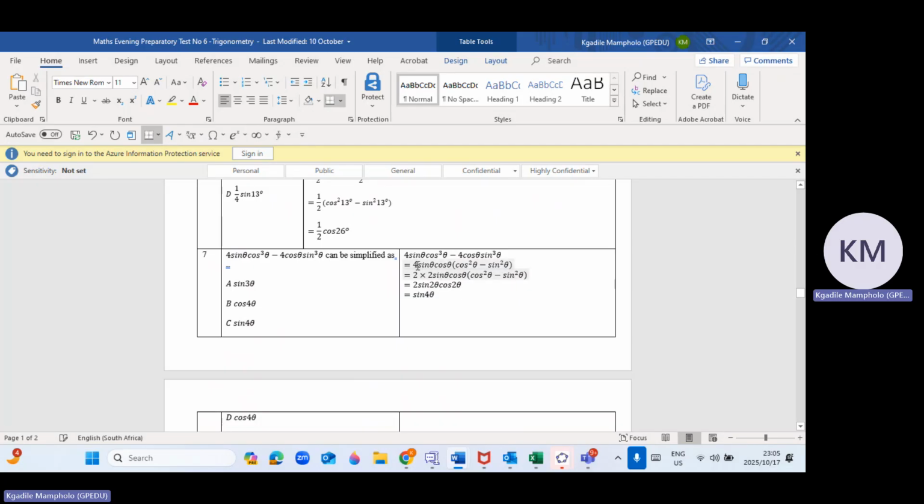And then here, we know that the double angle of sine is not 4 sine theta cos theta. That's why we say 2 times 2, so that this one will form a double angle of sine, and this other one will be the double angle of cos. Then you'll see this is also a double angle because it's still 2 theta, 2 theta. Then the answer will be sine 4 theta.